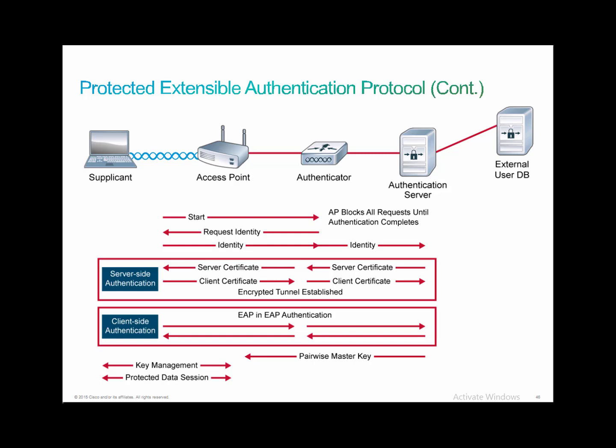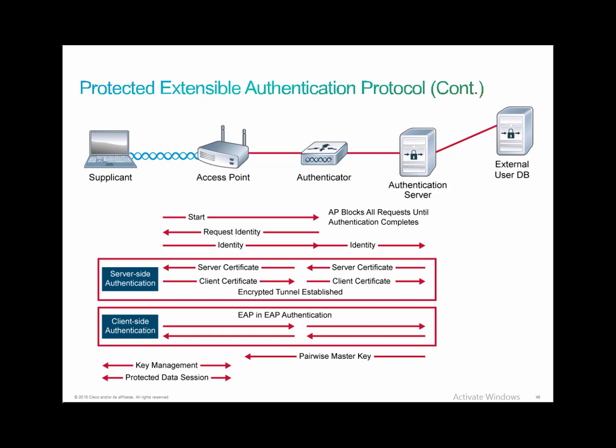All right. The process that I just described, right, where we go through the start process, request identity gets sent, and in reality, the identity doesn't really matter, right? Whether the server recognizes the client ID or not, it's still going to send over its certificate.